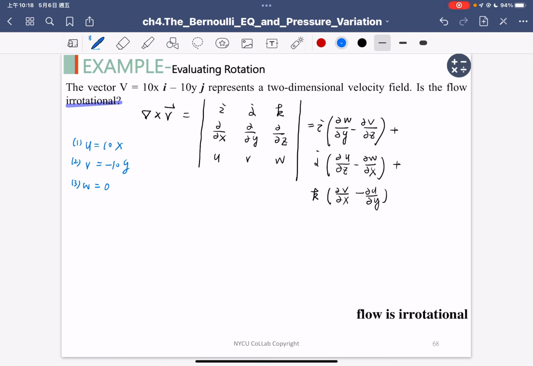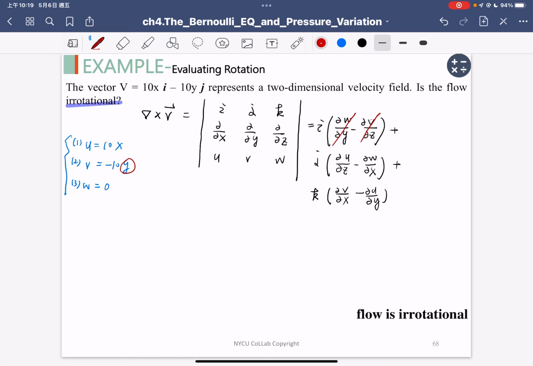Based on this velocity field, you can go back to your equations. We don't have w, so it's equal to 0, right? And v is only a function of y, so it doesn't change with z, so we don't have these items.